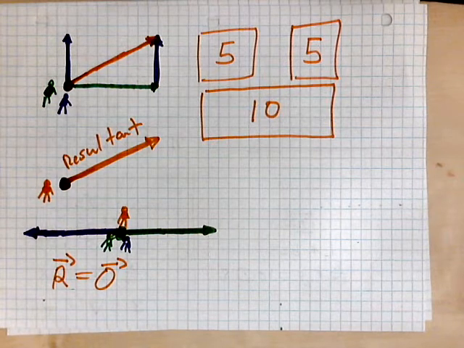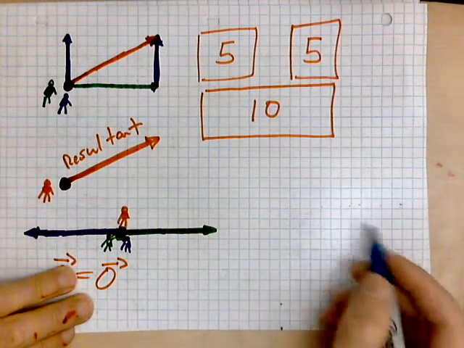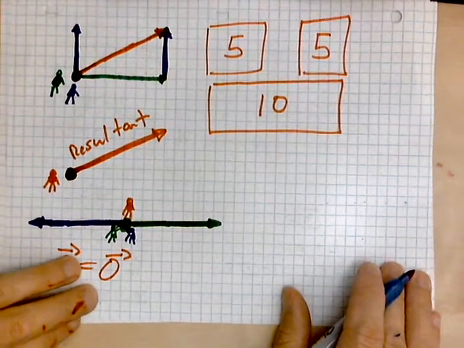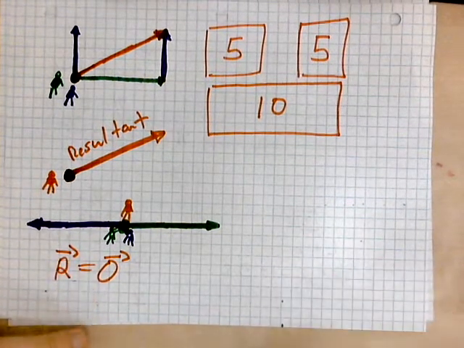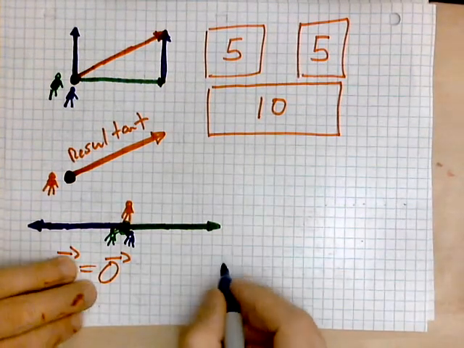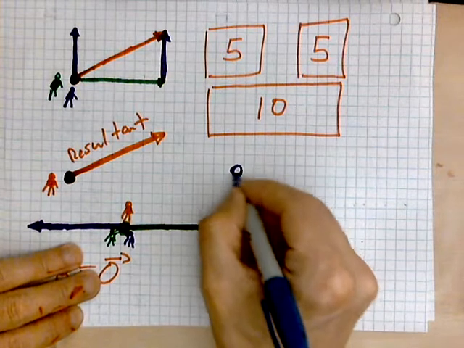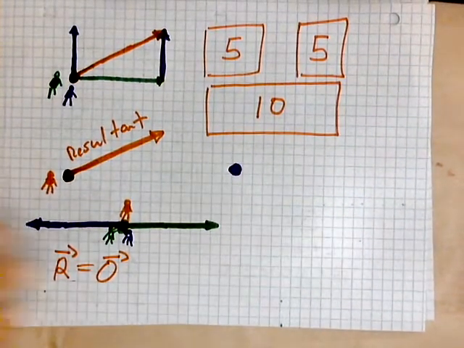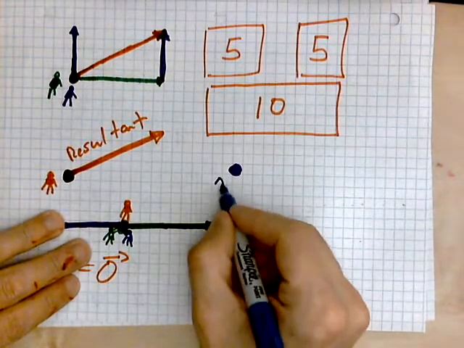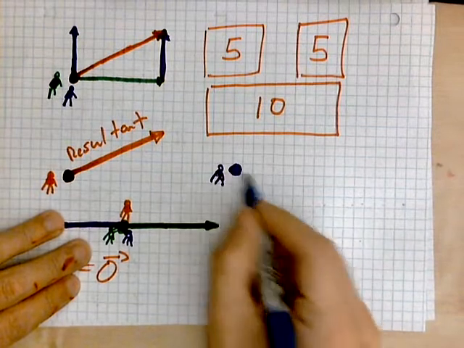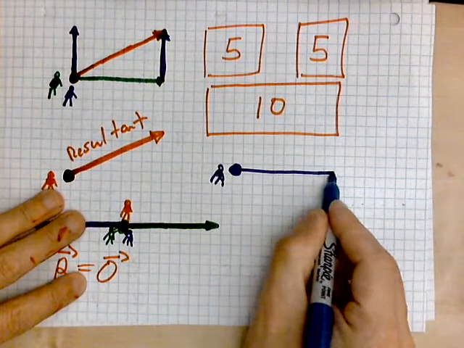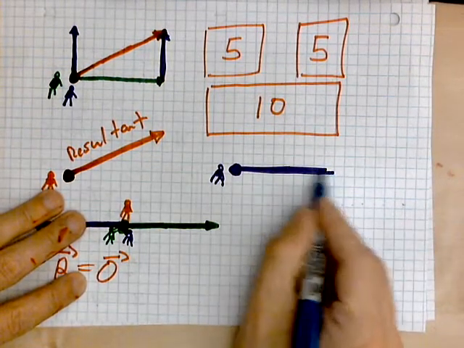Let's take a look at another example. These are just conceptual examples, not really mathematically detailed ones. So you have an object over here. And one guy, the blue guy, pushes on the object. Here's the arrow that represents his force.